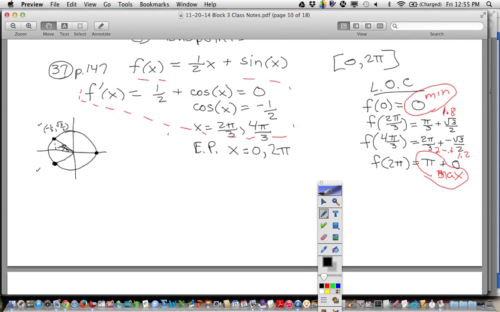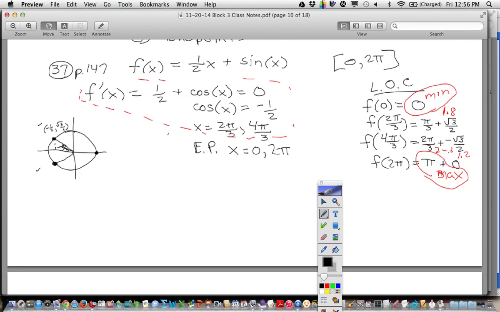Now picture a graph that's always going up. Where's its highest point? Well, we're only going from 0 to 2 pi. So it's going to be at the right edge, right? If it's always going up, the highest point's at the right edge, at 2 pi. And the lowest point's going to be at 0. It's got to be, right? And then vice versa if it's always going down. So it's going to be at the end point, right? So that's a little bit of what's going on in 39.